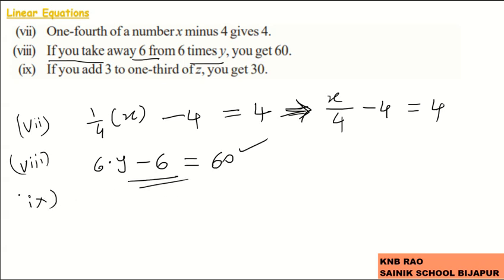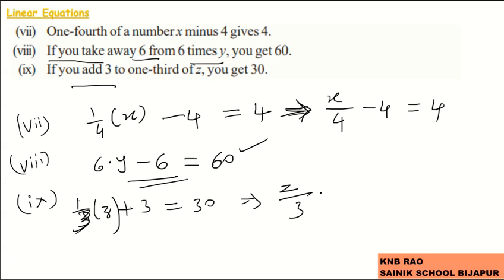In the case of the ninth one, if you add 3 to 1/3 of z, it gets you 30. So 1/3 into z is nothing but z by 3, plus 3 equals 30. This is how we convert.